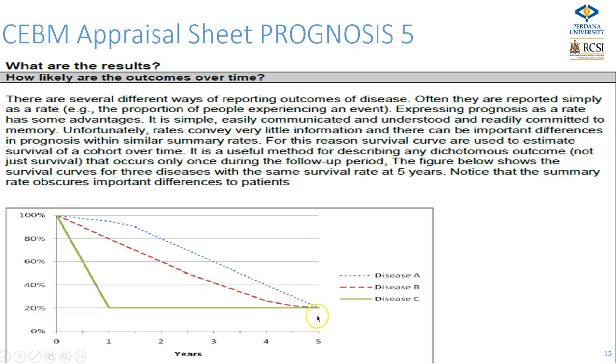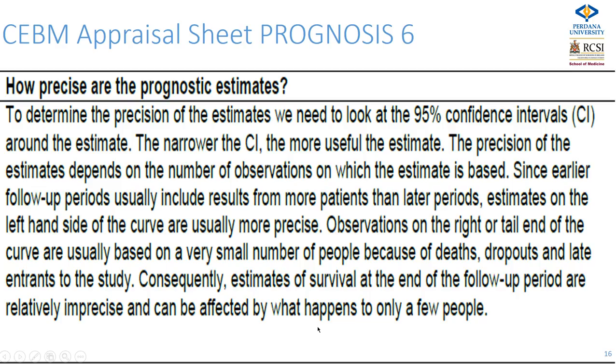So just knowing the total 5-year survival rate only doesn't give you the full picture. We need to find out the path to this ultimate 5-year survival rate. Because this summary figure would obscure important differences in these different patient groups.